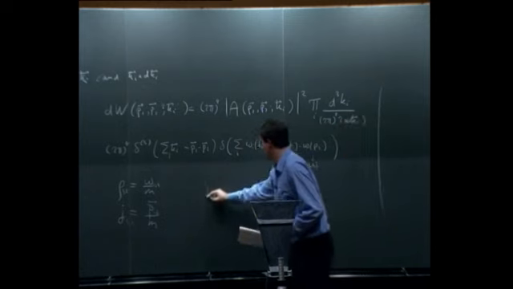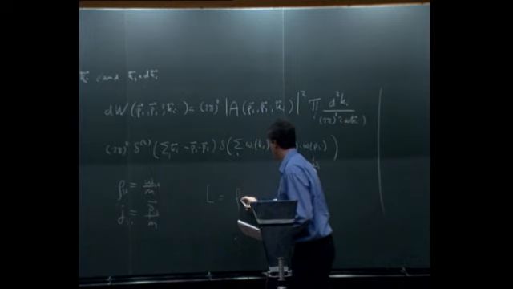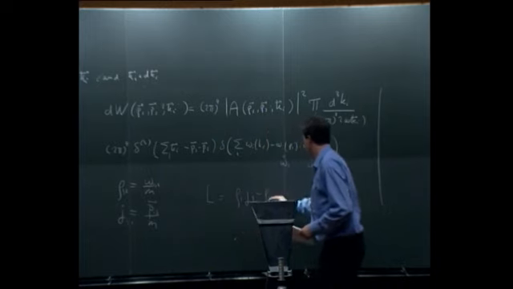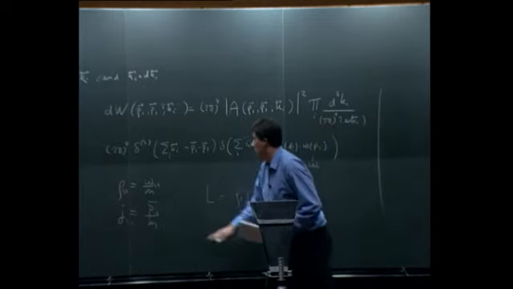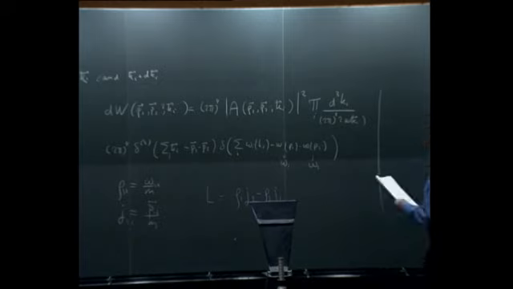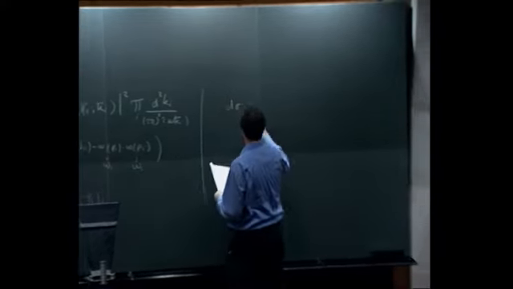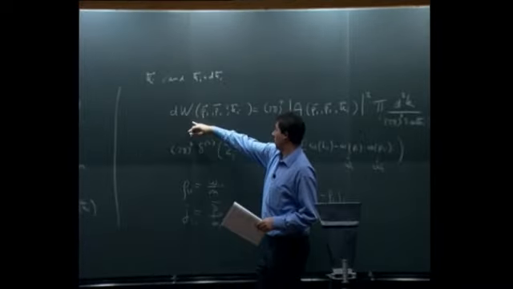I wrote it down as the product rho 1 J2 minus rho 2 J1. If you take these expressions, you'll find that the cross-section d sigma is equal to this probability divided by the luminosity.